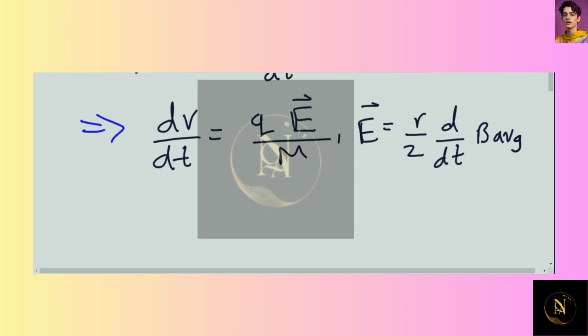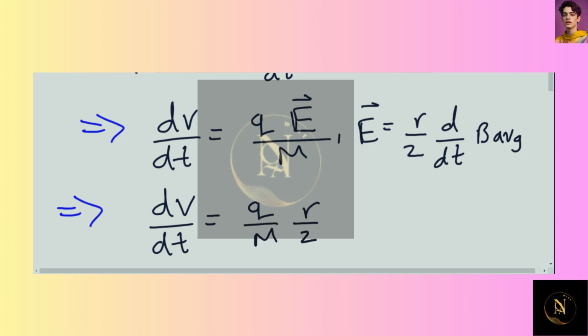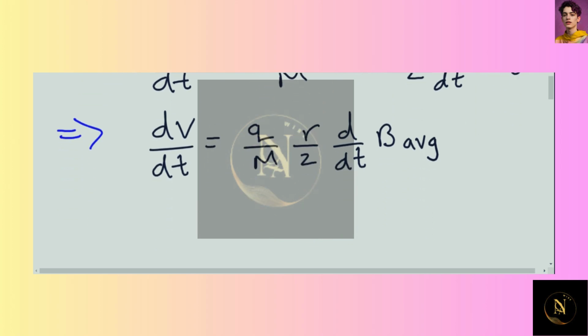So we can plug this in and we get dv/dt equals Q over M times, and then the E field becomes R over 2 d/dt times B average.